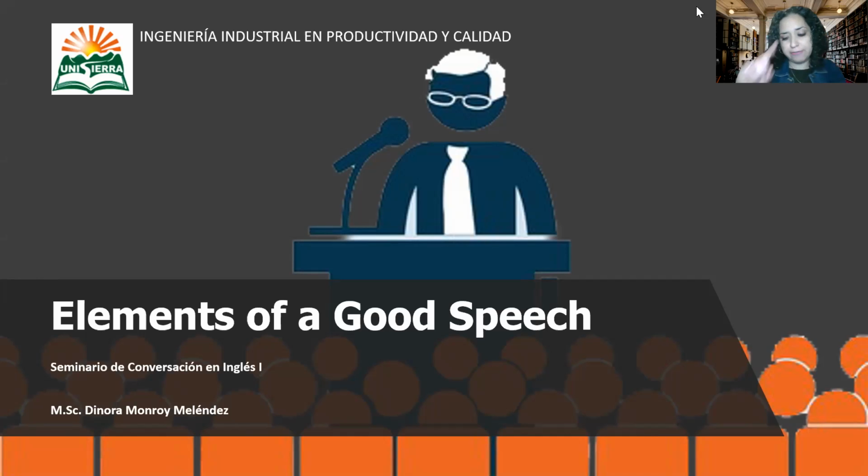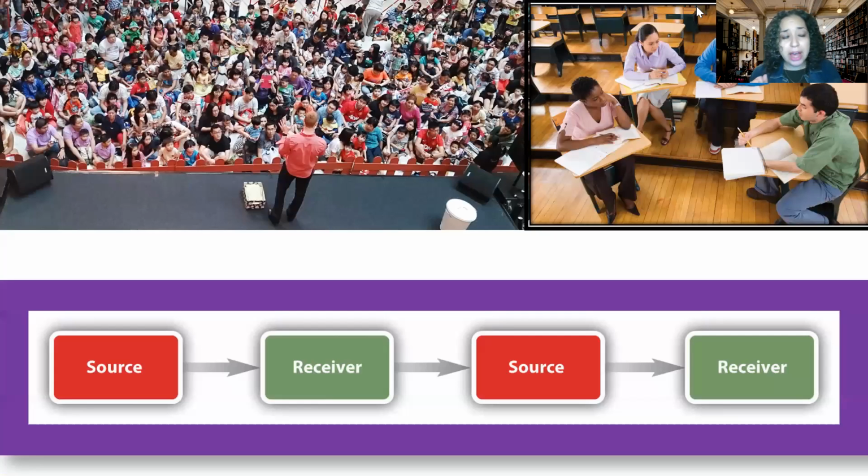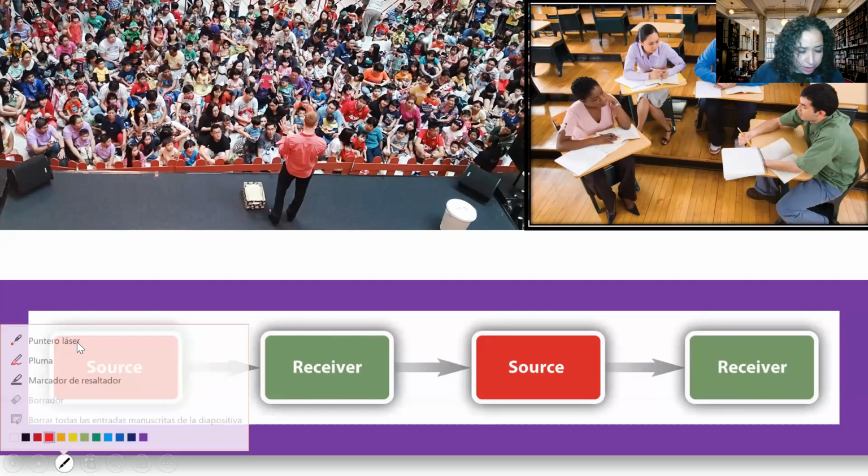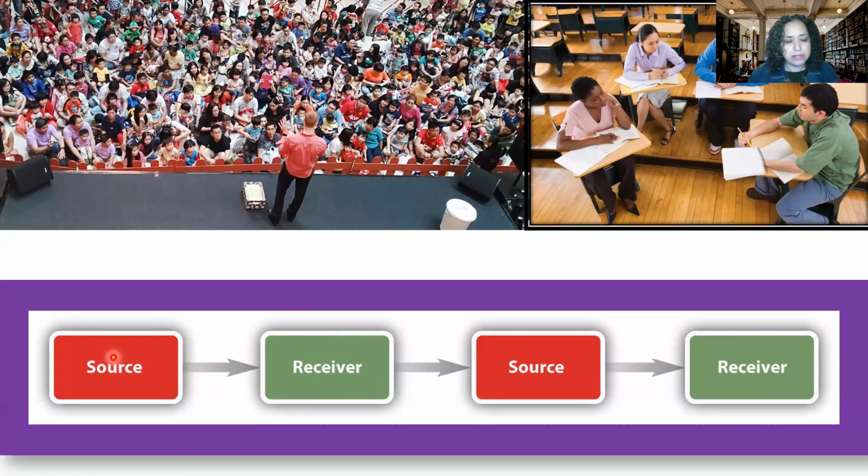But first, before we go, we just need to make sure that you are understanding that the topic is speaking to an audience. When you have what it is over here below, getting the laser pointer, the source, the receiver, and again, the source, the receiver, you have to be conscious of your audience.